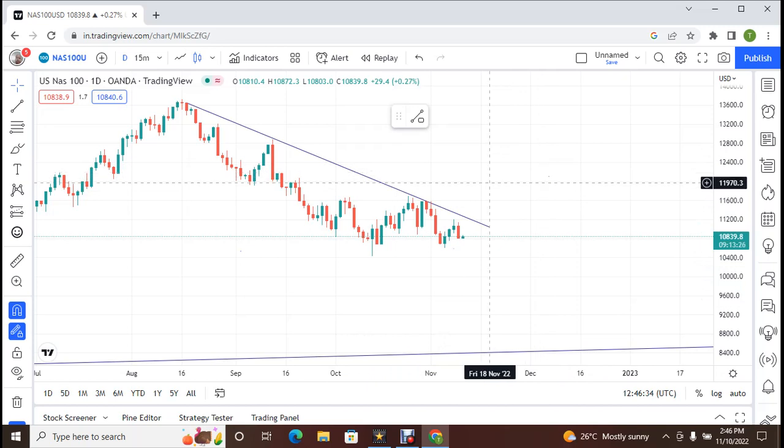But when you see a pattern like this on a smaller time frame, like 15 minutes, it means you are only going to hold for 15 minutes.